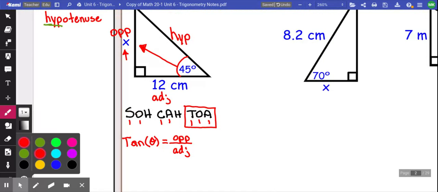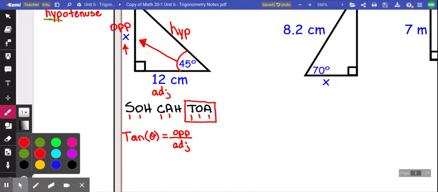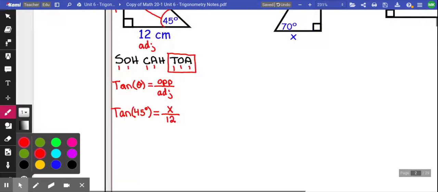Then, once you've chosen your formula, you need to just put things into your formula. So tan. Now, instead of saying theta, which is that angle, you would put 45 degrees. Equals, instead of opposite, I'm going to put x, because that's what the opposite is in this question, divided by adjacent. Instead of adjacent, I'm going to put 12, because that's what the adjacent is in this question. And you end up with tan 45 equals x divided by 12.